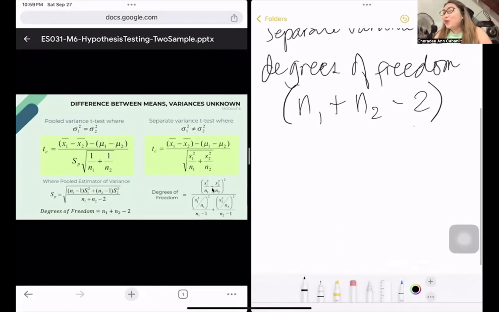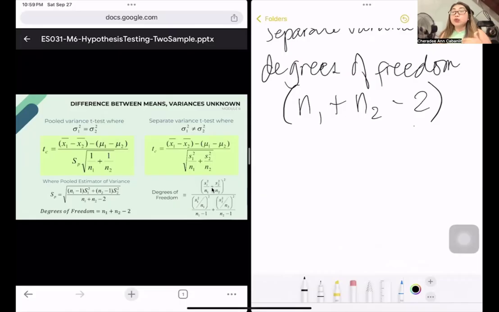Okay. So, what I'm trying to say is, for the pooled variance, it's easy to locate the table value because the table value is only computed through N1 plus N2 minus 2. In the computation of your computed value, the new unit here is the Sp.